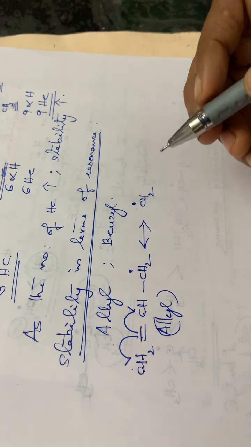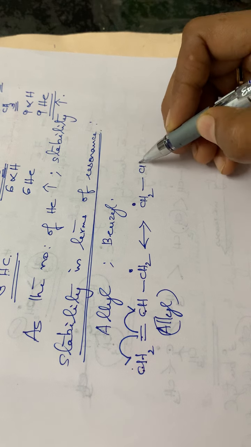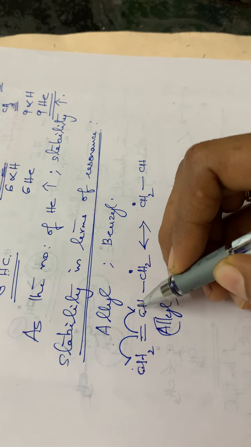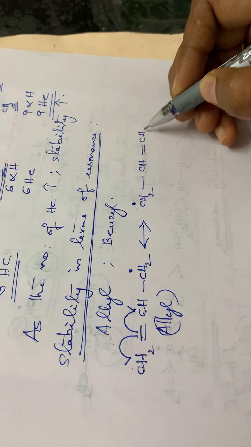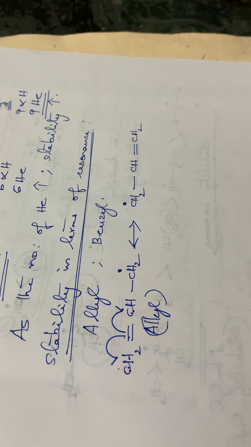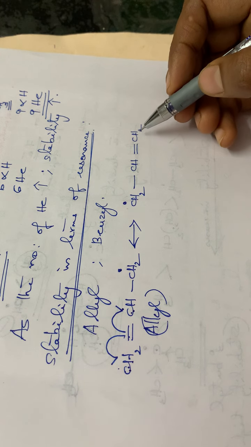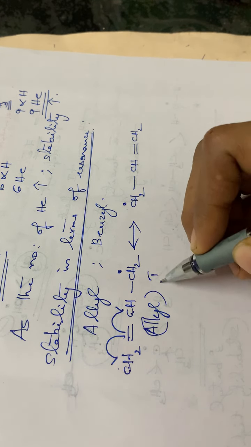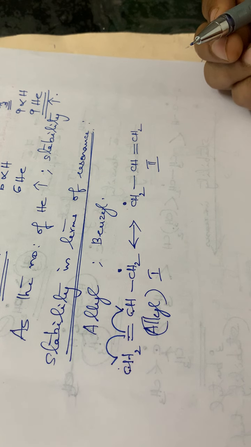This electron will be going to this carbon atom and this becomes a single bond, then CH, then here it becomes this odd electron and this odd electron, it becomes a double bond. Okay, so this is the second structure. CH2 single bond, CH double bond, CH2. So this is the first resonating structure and this is the second resonating structure.